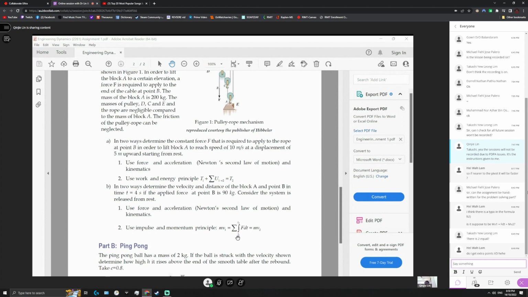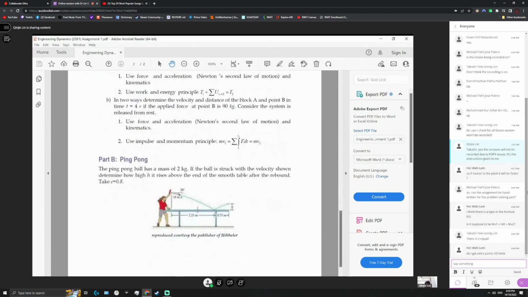It's a bit like conservation of energy. But anyway, use your understanding of impulse and momentum. You don't need to follow this kind of confusing formula. You should be able to solve it now. This is whatever we have gone through.